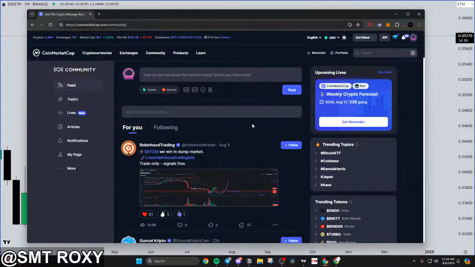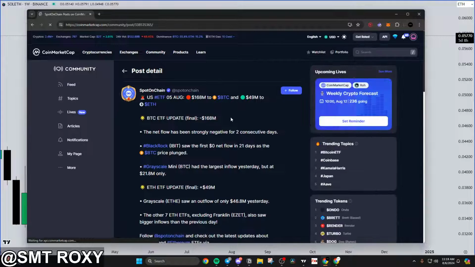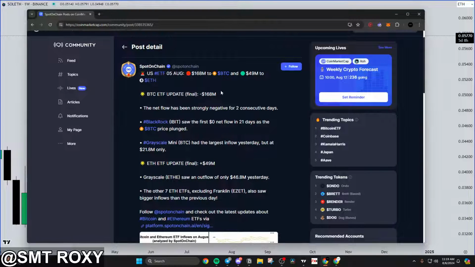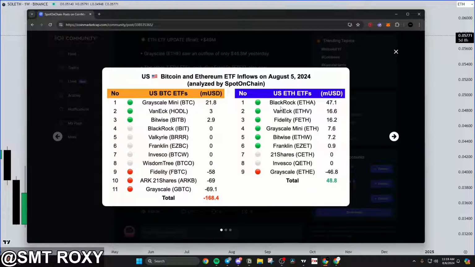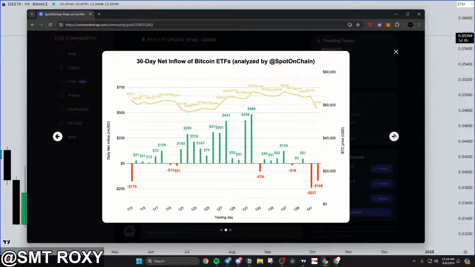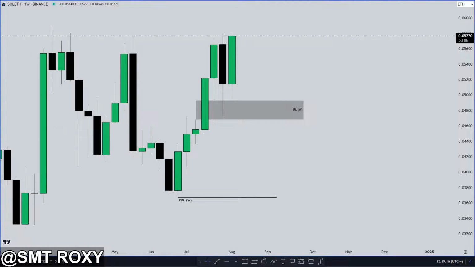Look at this right here. US ETH, 168 to BTC and then 49 million to ETH. Golly, bro. And Sol is still moving like this, bro. That's crazy.